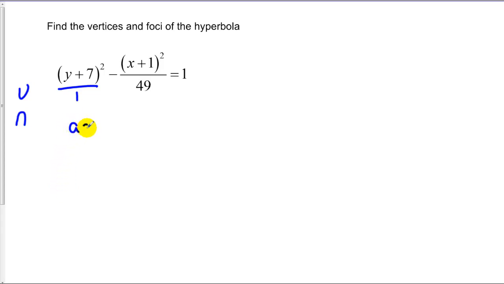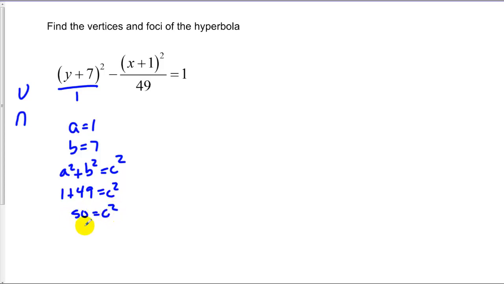My a value is equal to 1 and my b value is equal to 7 in this case. I know that a squared plus b squared is equal to c squared. That's going to help get my foci. So I know that 1 plus 49 is equal to c squared, or 50 equals c squared. Thus 5 root 2 is equal to c.